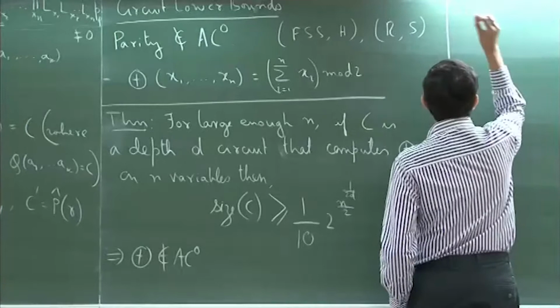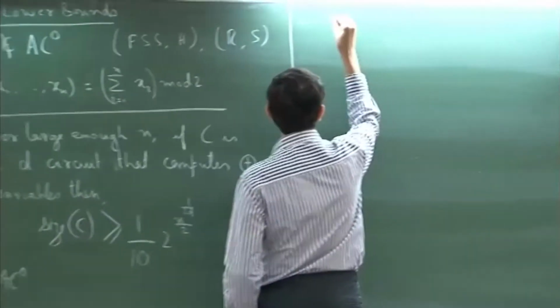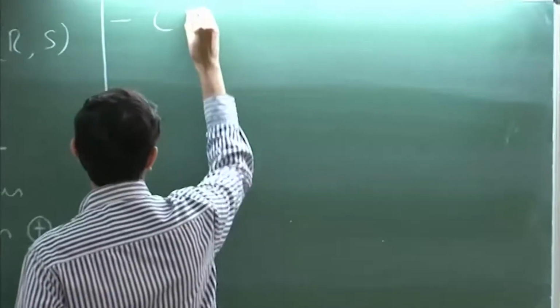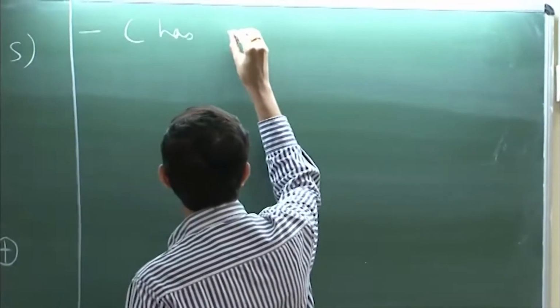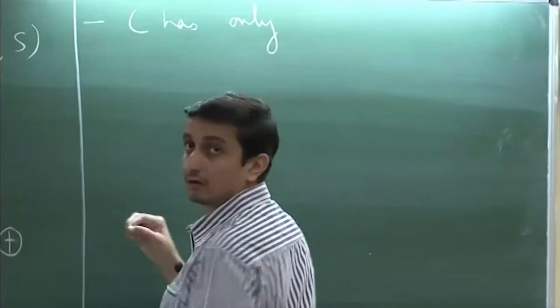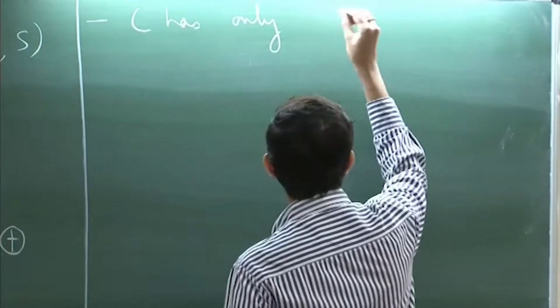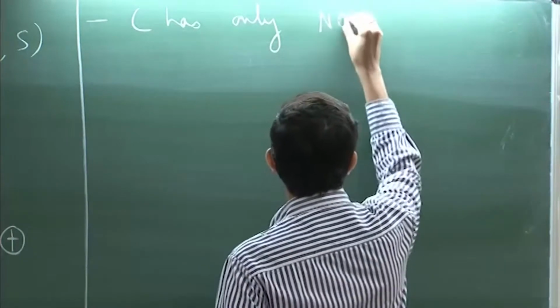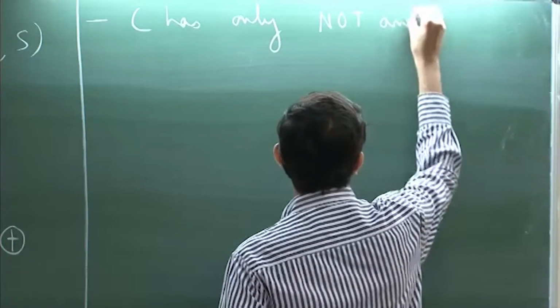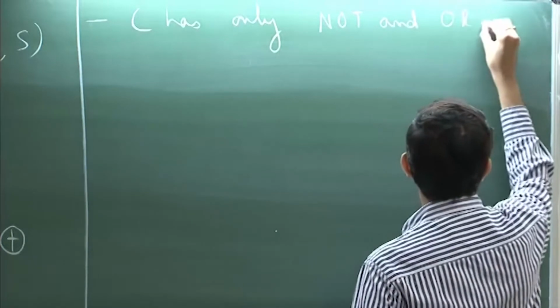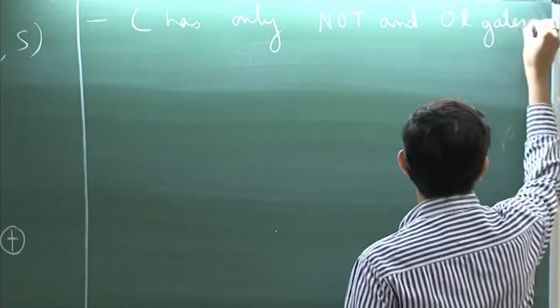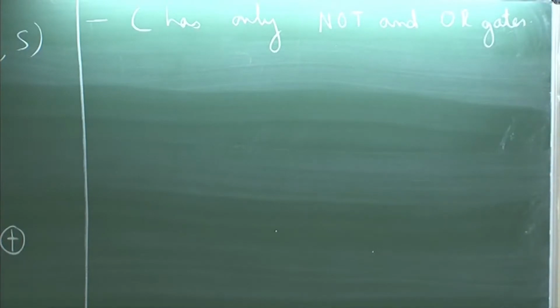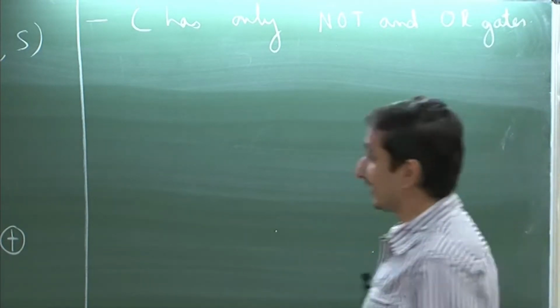The first thing that we will assume is that C has only NOT and OR gates. Why can we assume this?